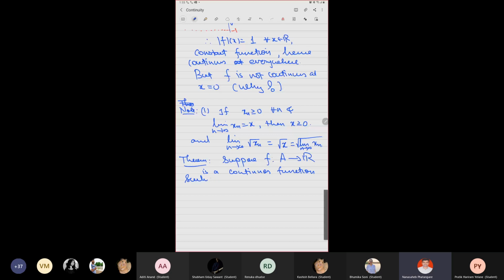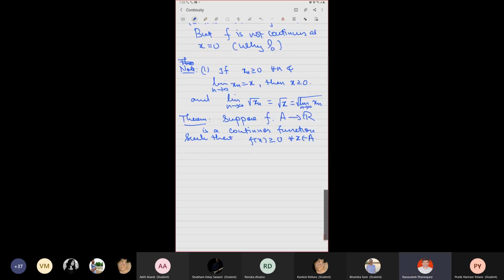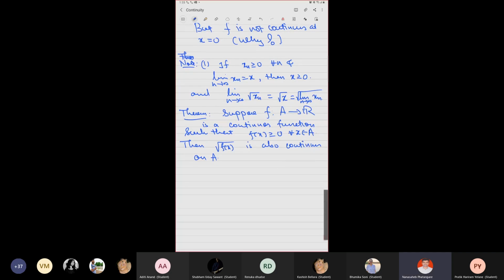This is a non-negative function. Then can I say that the square root of f(x) is also continuous? Yes, sir. If f is continuous at any point, then the square root function is also continuous, if the function is greater than or equal to 0.